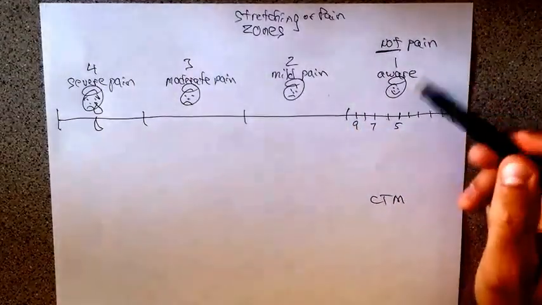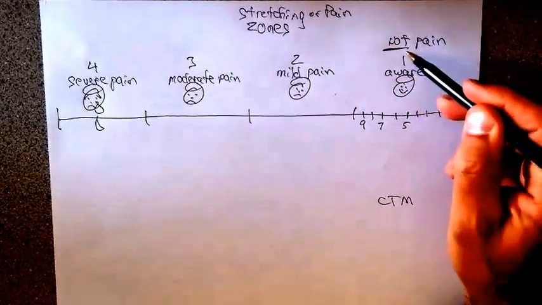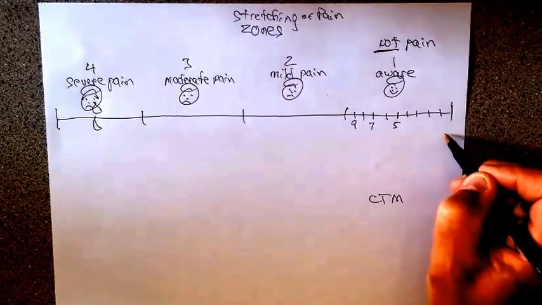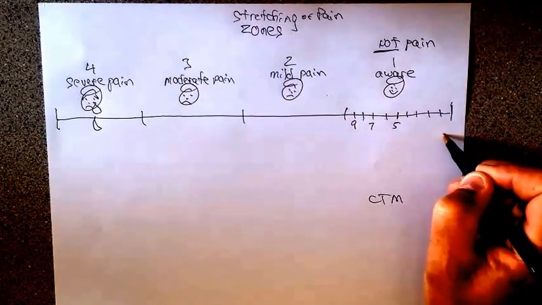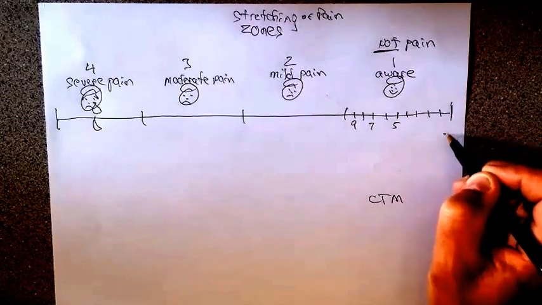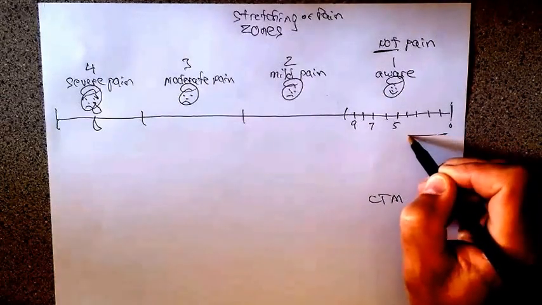So from a pain perspective, again, you're not in any pain with a stretching idea. You're going to be beginning with the stretch. Let's say you're going to do quadriceps or the hamstring, and so you start it at 0 and gradually stretch.